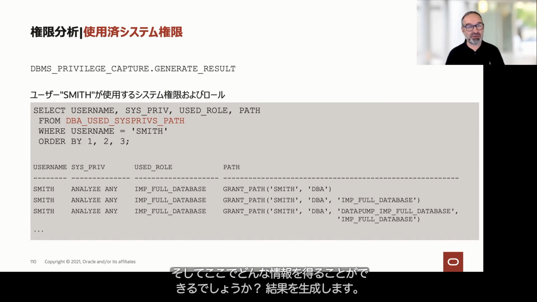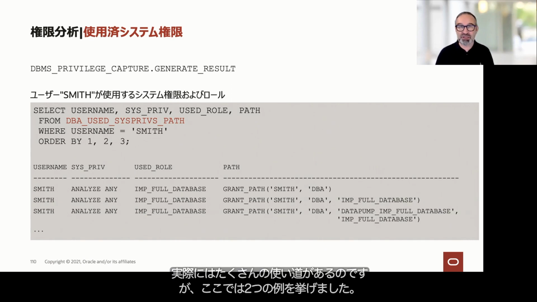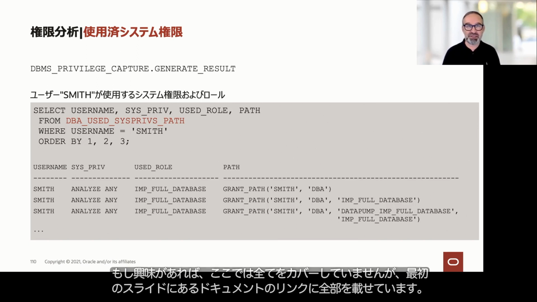I generate the results, and when I generate the results, some views in the database get populated. So there's a long list of views actually. I just pick 2 examples here. If you're interested, I didn't see a reason to put all of them on a slide because the documentation link I had on the first slide here lists all of them.